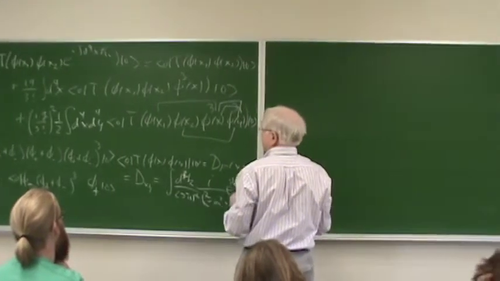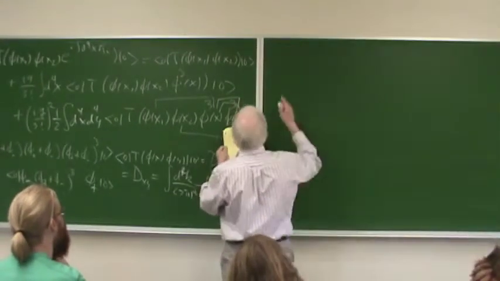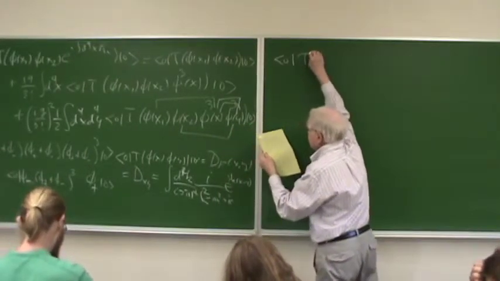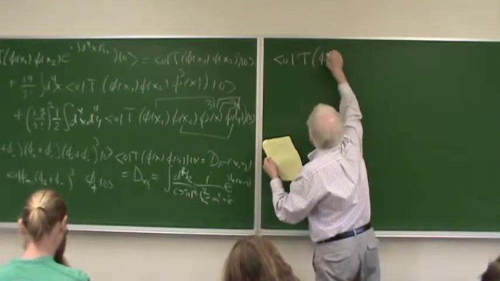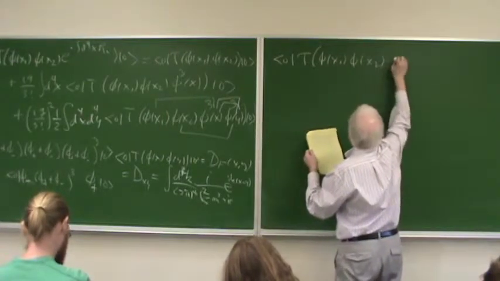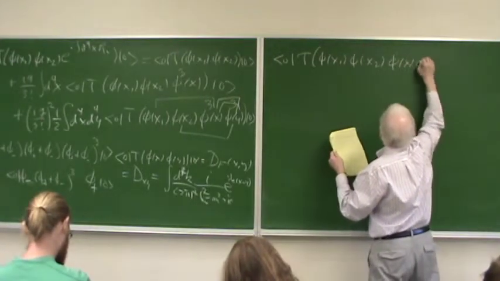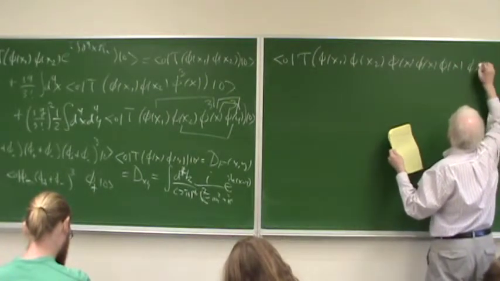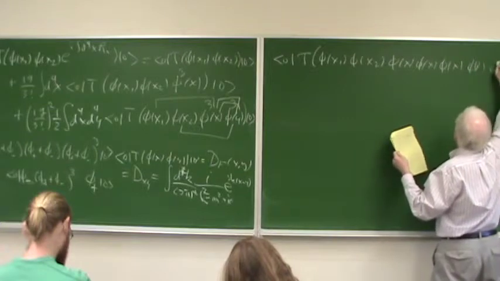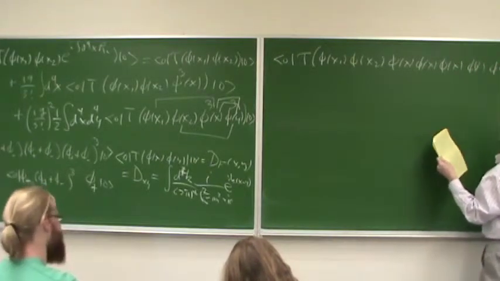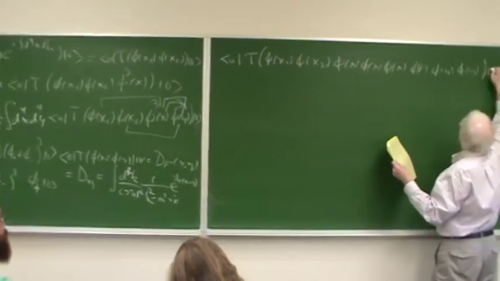Well, let's do it this way: the time-ordered product, phi x1, phi x2, phi x, phi x, phi x, phi y, phi y, phi y.